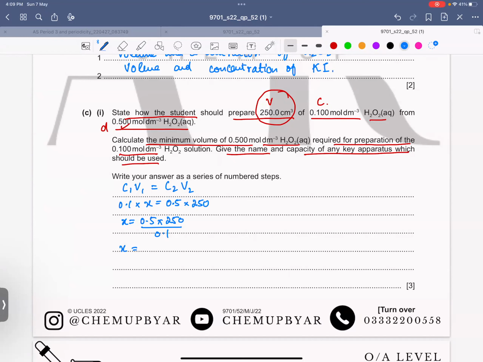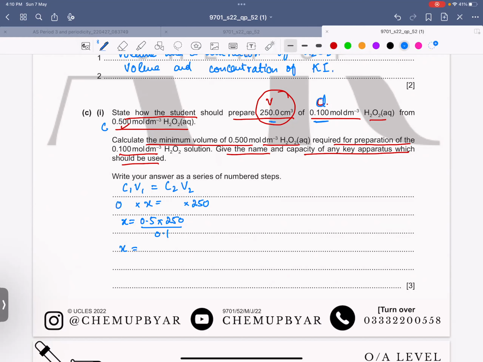So shouldn't it be like 0.1 into 250? We have to prepare 250 cm³. Okay, yeah, sorry. I have mentioned it wrong here. This is the concentrated one, and this is the dilute one. So its value is smaller, right?